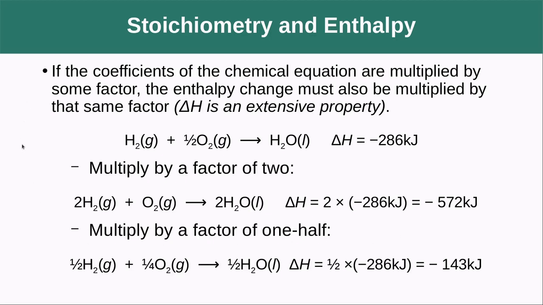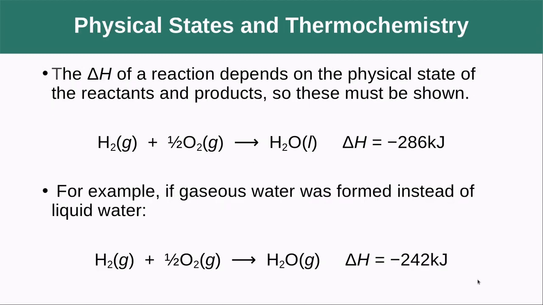Here is what I was talking about before. If the coefficients of the chemical equation are multiplied by some factor, the enthalpy change must also be multiplied by that same factor. So if we multiply everything by 2, we multiply the enthalpy by 2. If we multiply by a factor of 1/2, we multiply the enthalpy by 1/2. The change of enthalpy of a reaction depends on the physical state of the reactants and products, so typically we're going to show these.